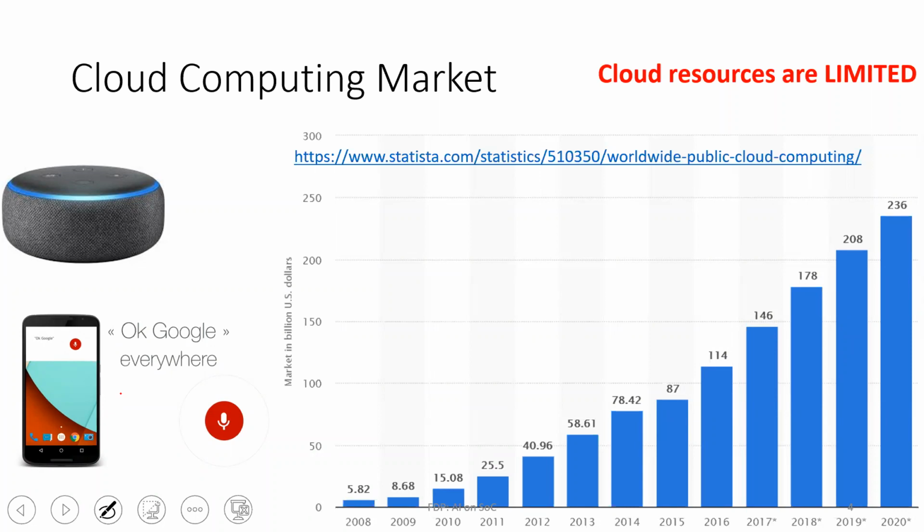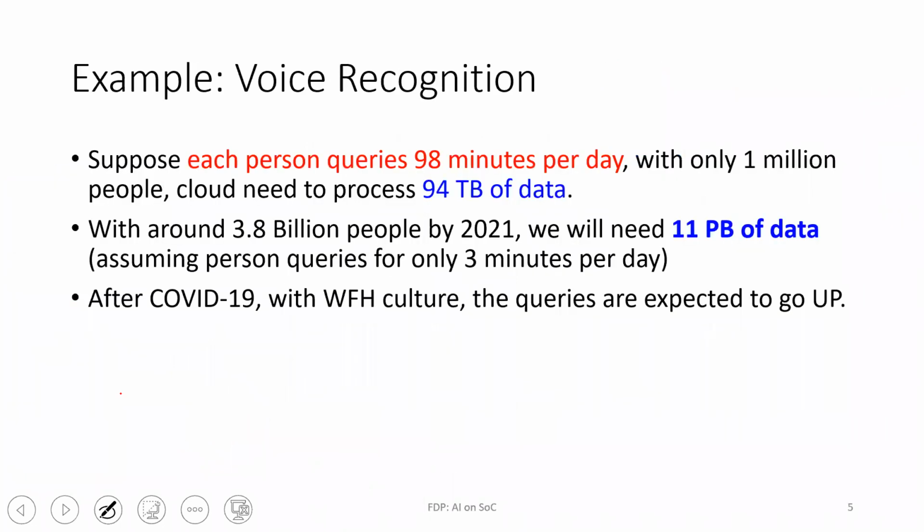And as we know, cloud resources are limited, and data centers are power hungry. They are not environmentally friendly, and they are also computationally expensive. So there is a huge demand to limit the data being sent to the data center.